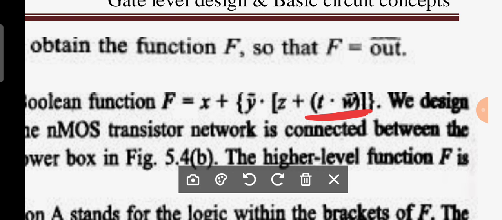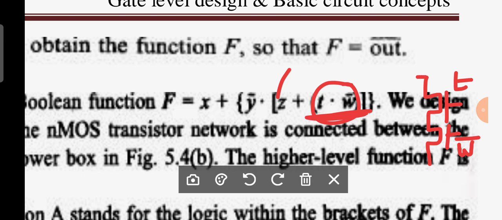Is it clear? Now T into W complement, therefore these two should be in series. Let us consider this is T, this is W complement. For these two, this should be in parallel, absolutely.